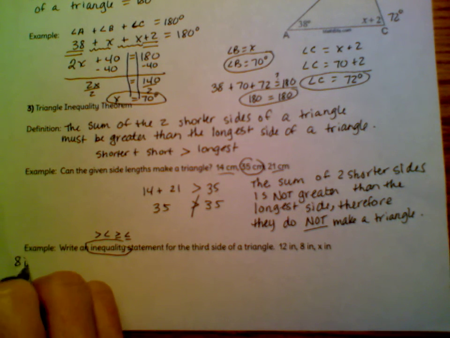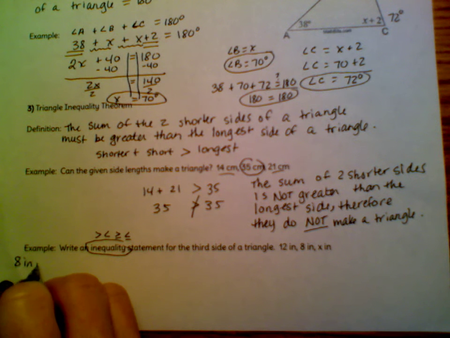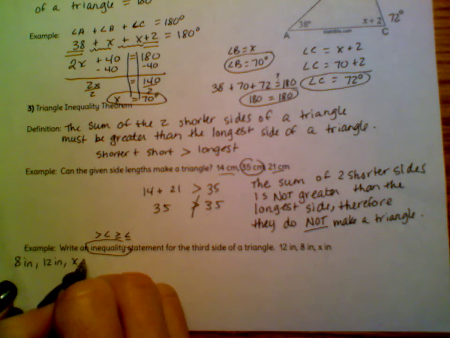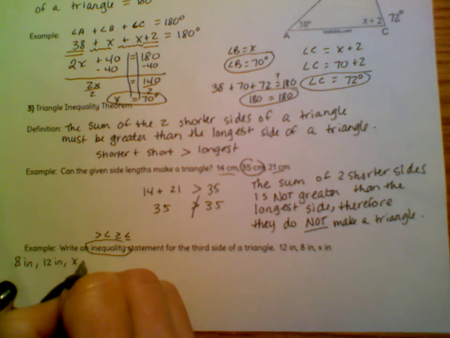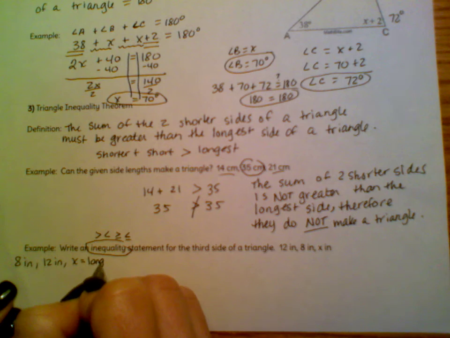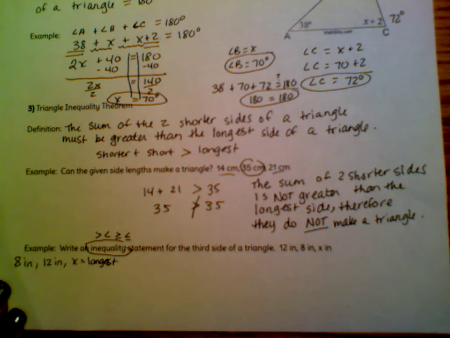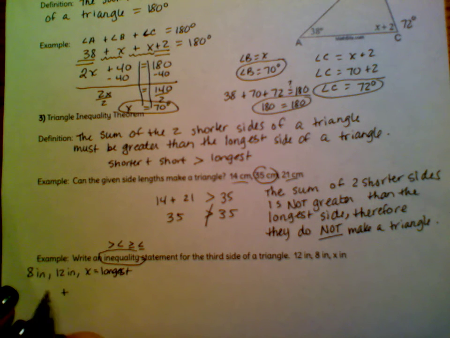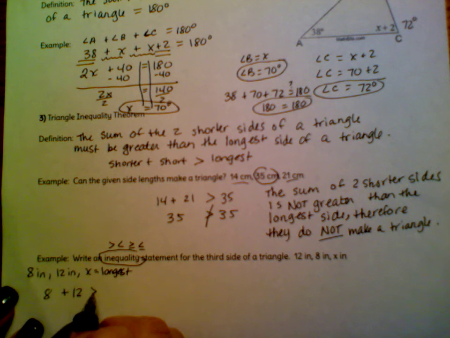So let's say 8 inches is the smallest, 12 inches is the middle, and let's say X is the longest side. So I'm assuming here that my unknown is the longest side. So the sum of the two shorter sides, that means these two are the two shorter, 8 plus 12 must be greater than the longest.